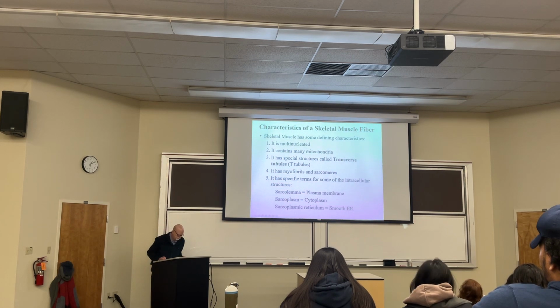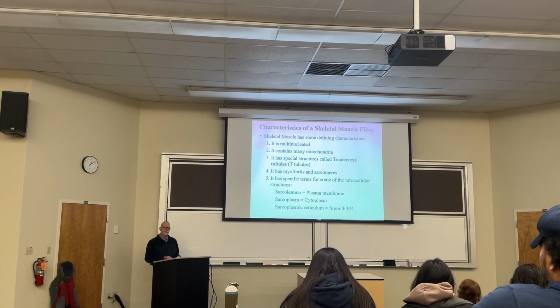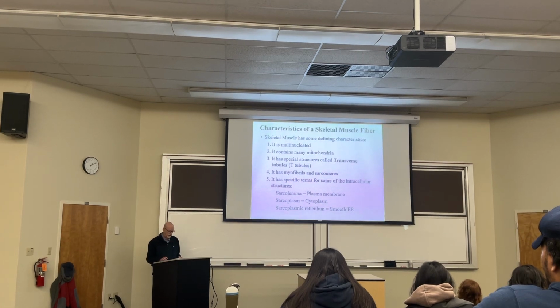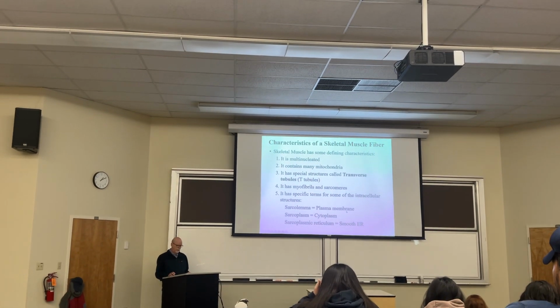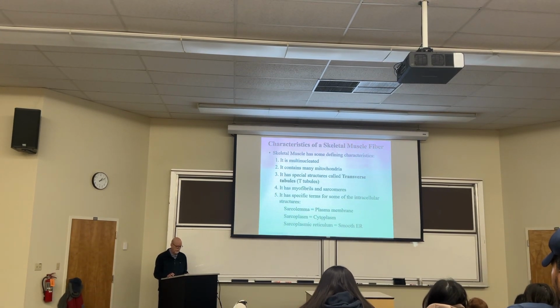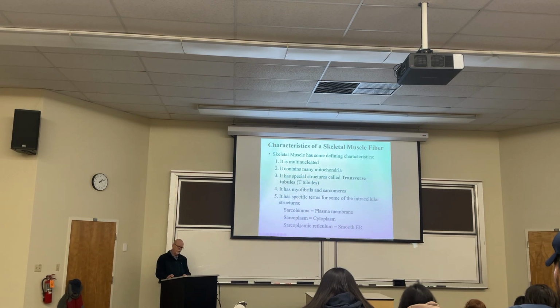In muscle, we give different names for some of our structures of the cell. For instance, the plasma membrane we refer to as the sarcolemma. And the cytoplasm we refer to as the sarcoplasm. And the smooth endoplasmic reticulum we refer to as the sarcoplasmic reticulum.